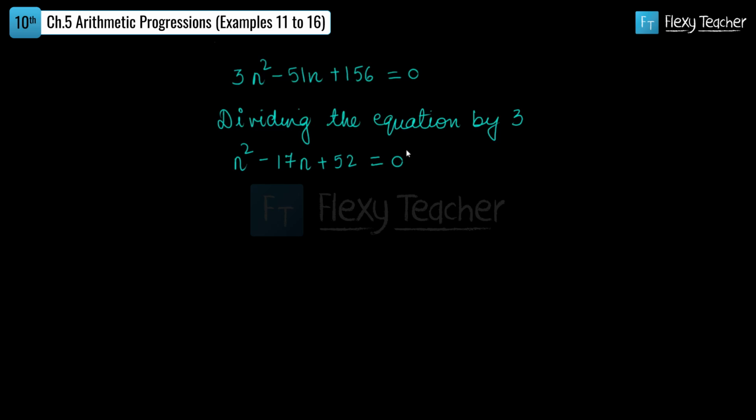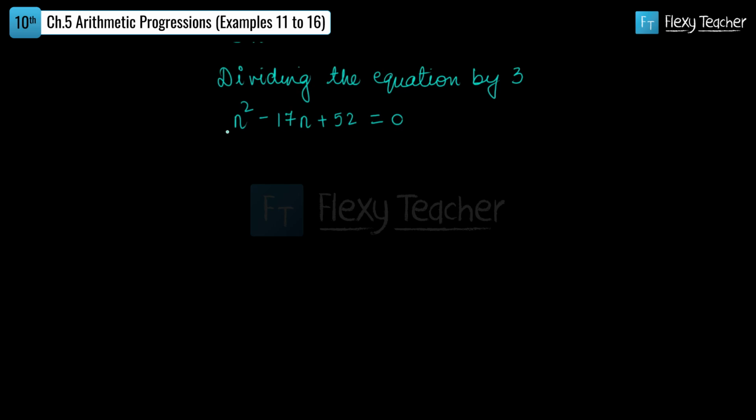Okay, so अभी n को हमें फैक्टर्स फाइंड करने हैं. So this would become n square minus 3n minus 14n plus 52 is equal to 0.